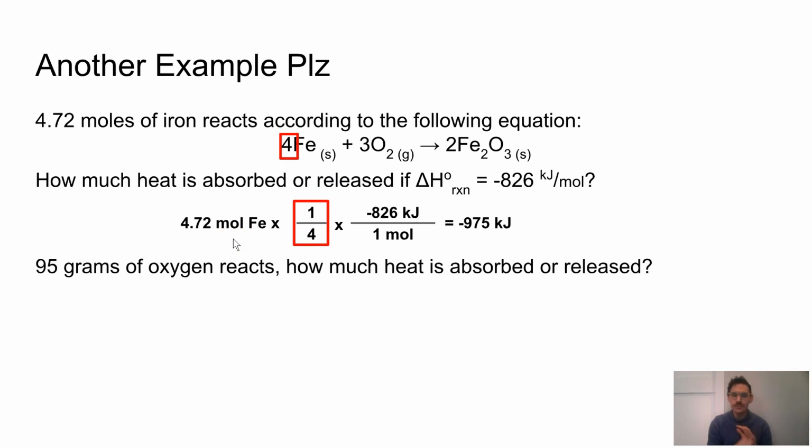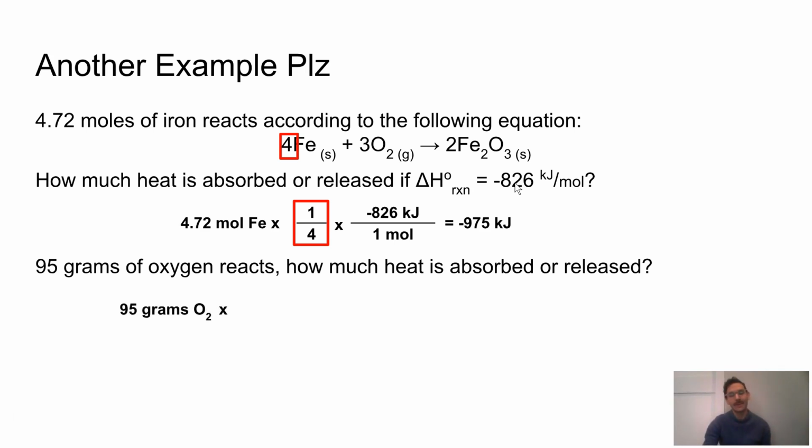Sweet. Well, why don't you, using the same equation, pause the video and give this one a shot. Okay, similar situation. Now we're talking about the oxygen instead of the iron, and we have 95 grams. Well, we can't make grams interact directly with this. This is kilojoules per mole. So if we want to take our 95 grams and do some chemistry with that, we're going to have to convert it into moles first. We need moles if we're going to multiply with this in a meaningful way.